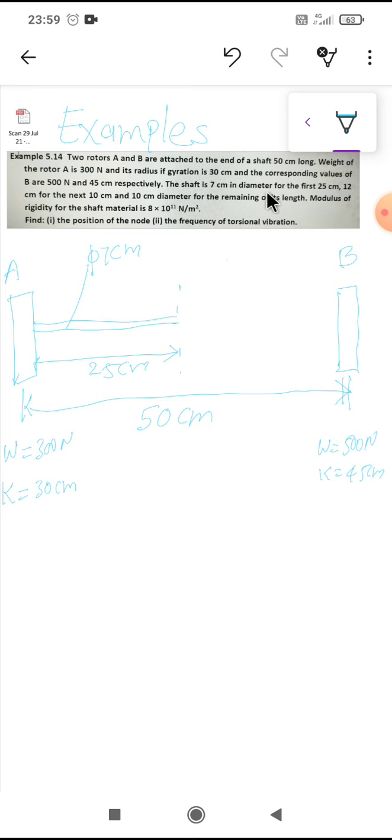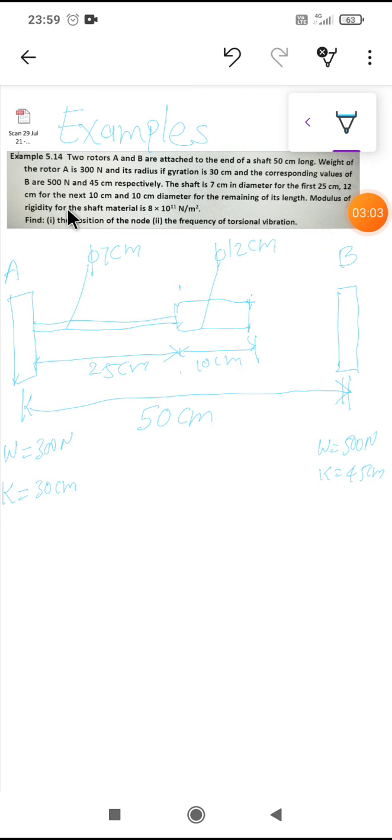After that, for the next 10 centimeter, let me take this as 10 centimeter, it is 12 centimeter. So the diameter of the shaft is 12 centimeter.